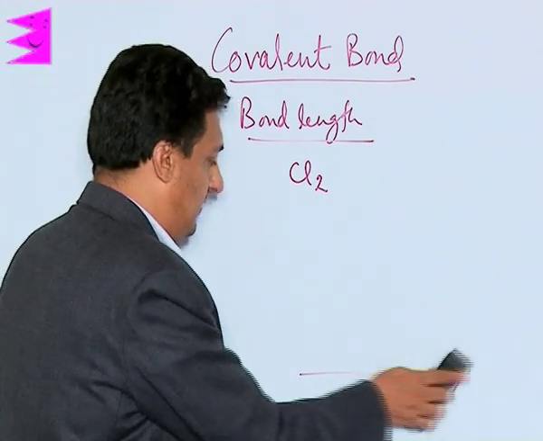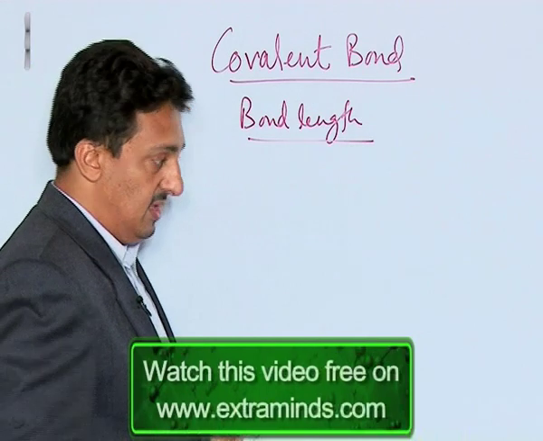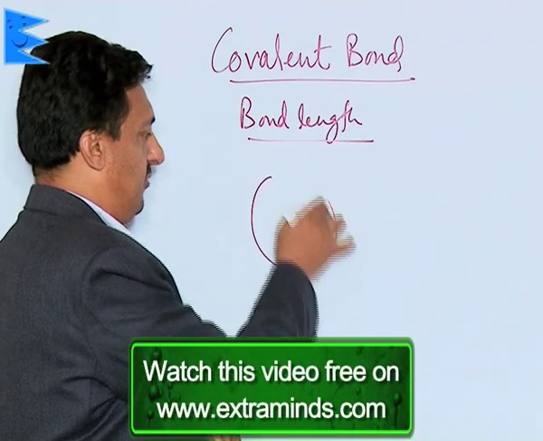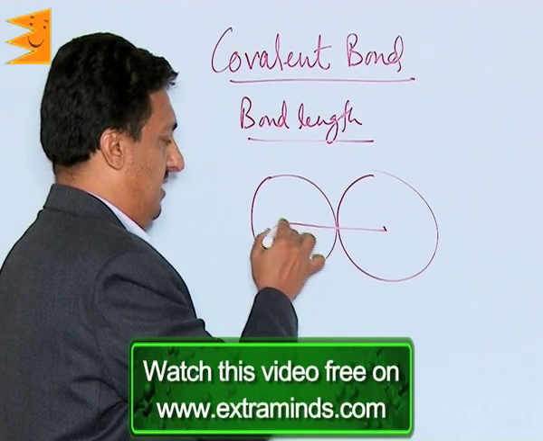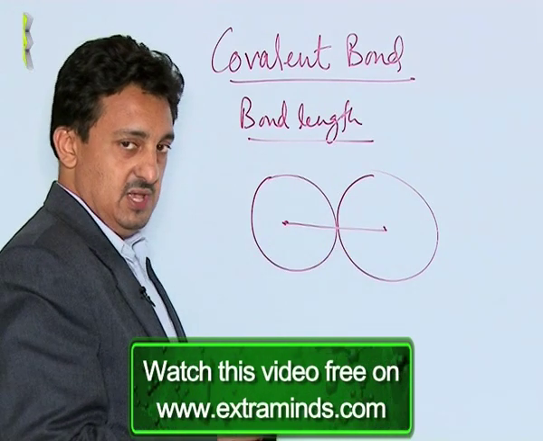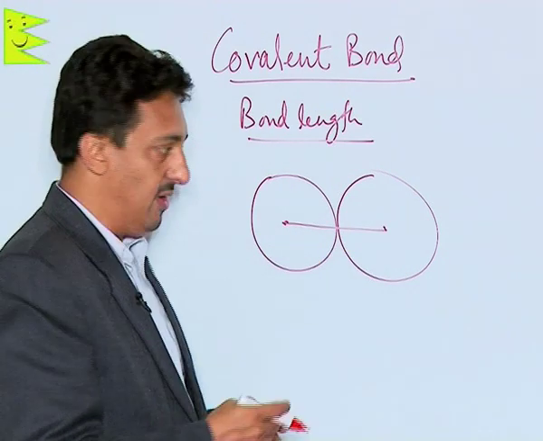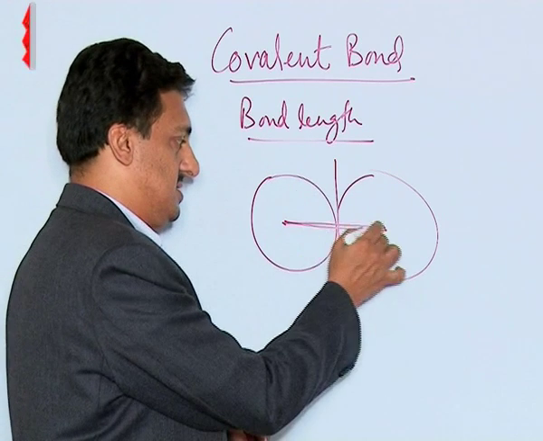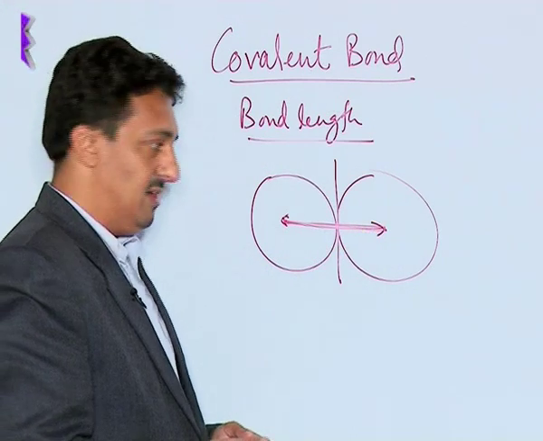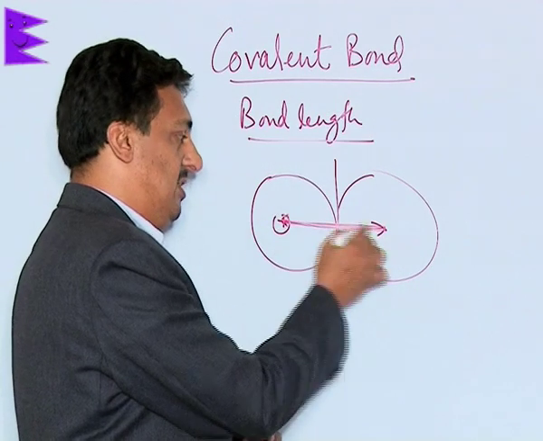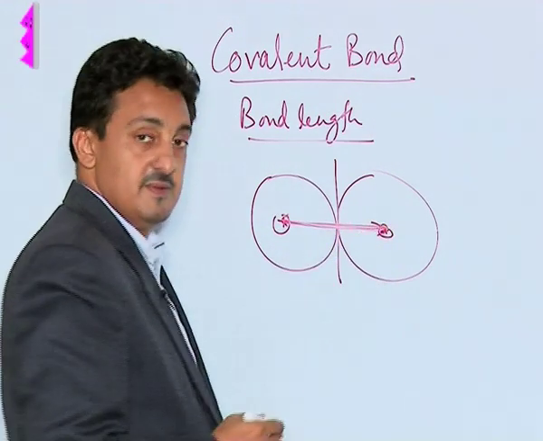Now similarly, if the two atoms are very close to each other, just touching each other, and because of their van der Waals forces they are not having any kind of overlapping, then also the bond length can be the van der Waals bond length, but it will again be the distance between the nuclei of the two atoms.